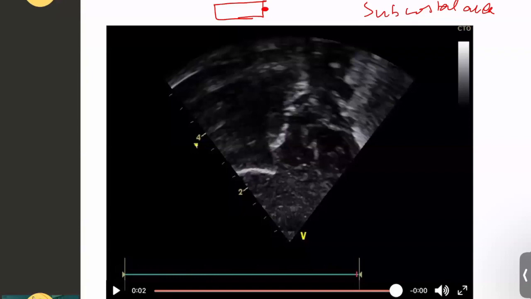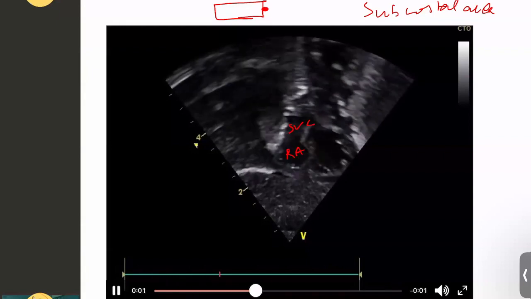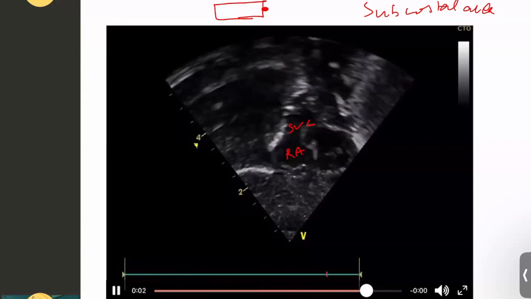See, the superior vena cava is coming from the back, so this is the SVC, and here it is entering into the RA.